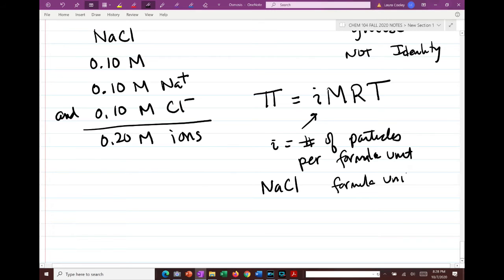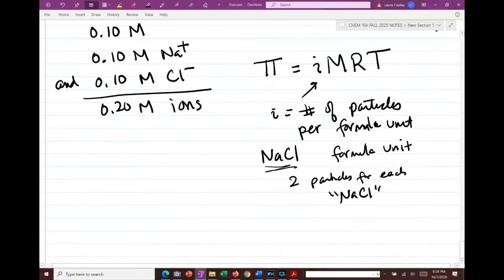It's the smallest unit of a sodium chloride crystal. And so basically, when you dissolve NaCl, you get 2 particles for each formula unit of NaCl. So i would be equal to 2.